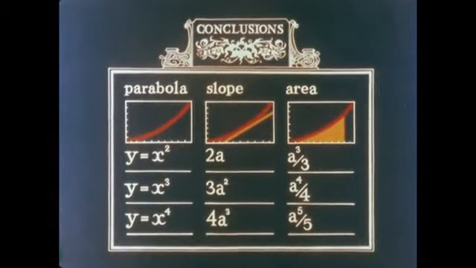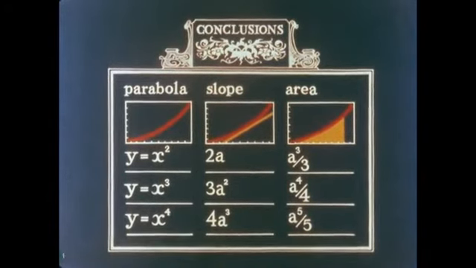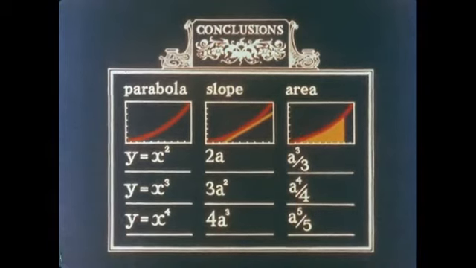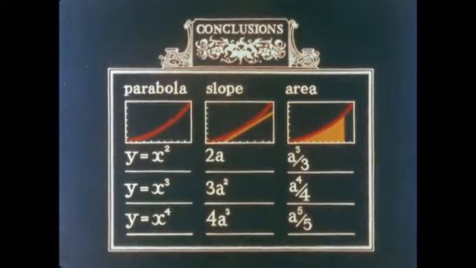Fermat, amongst others, must have noticed an inverse relation between tangents and quadrature. Evidently, the area contained under one parabola is proportional to the slope of the next but one, and vice versa. But Fermat didn't explore this connection in any depth.